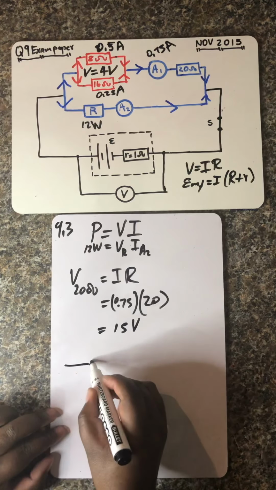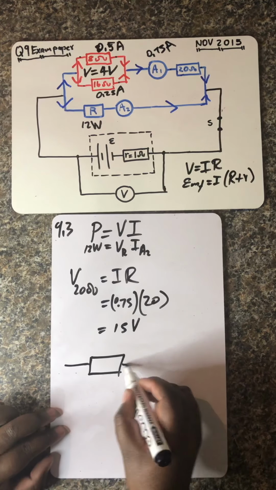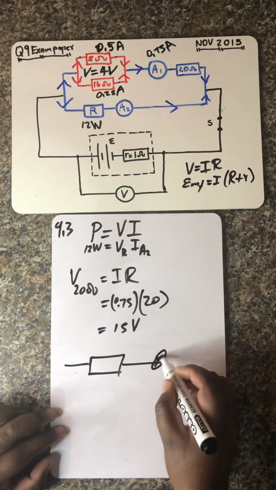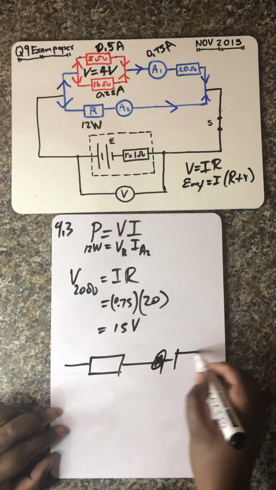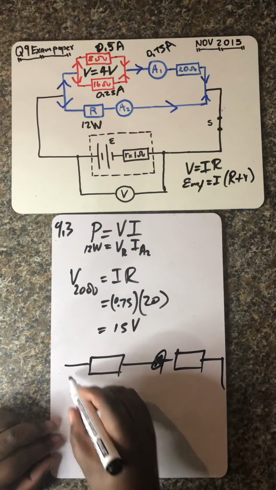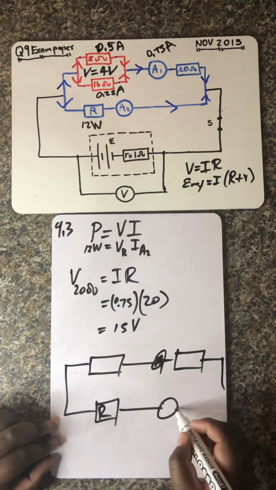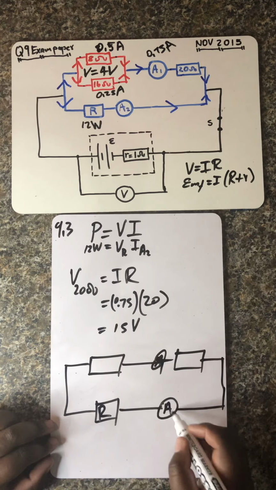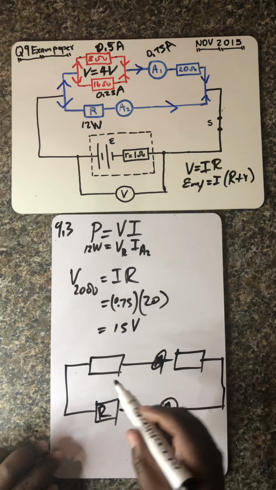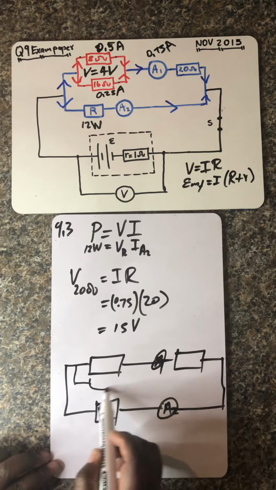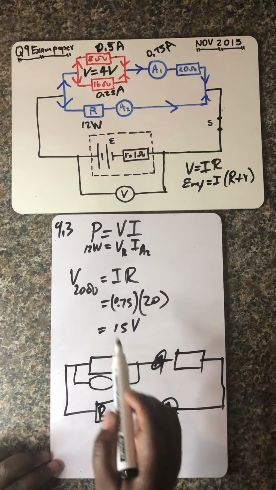So that means we've got V there, we've got A1, we've got V there, then we've got that R, we've got that ammeter 2, ammeter 2. Okay, so we know, guys, that V there, we just calculated it, isn't it? How much was it?